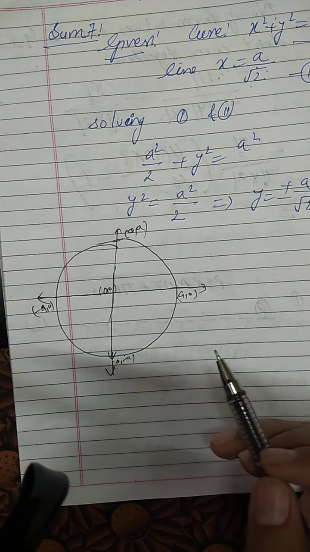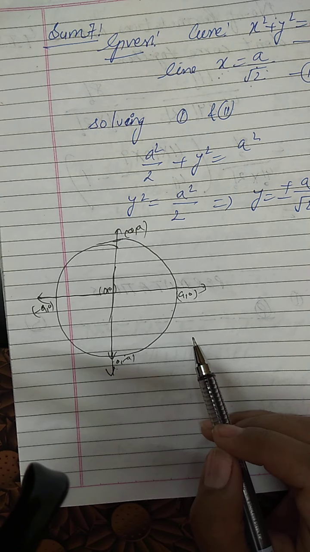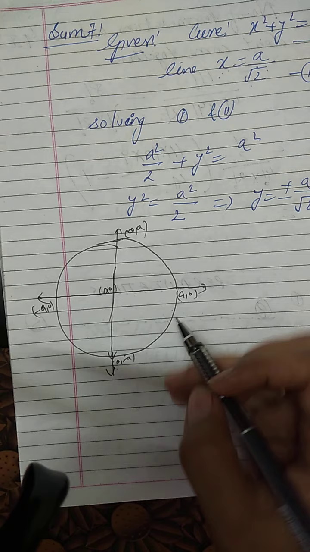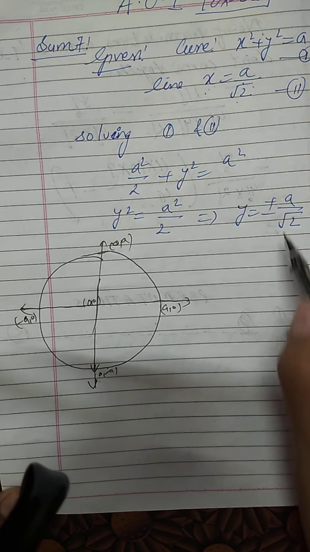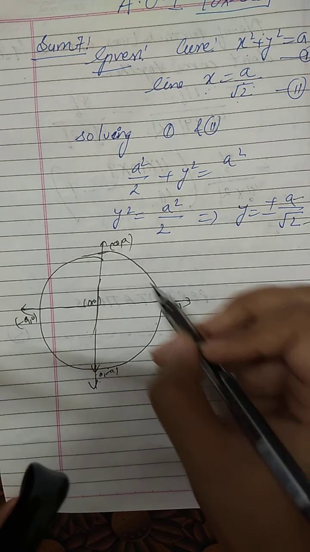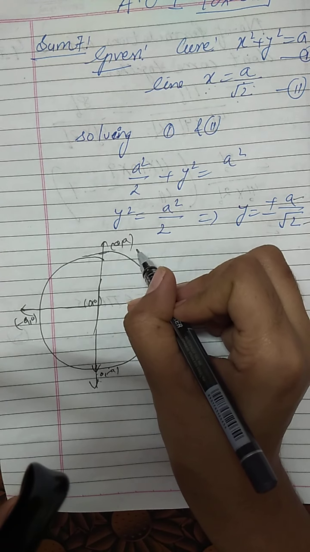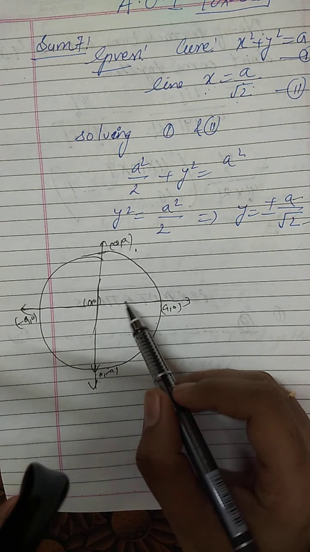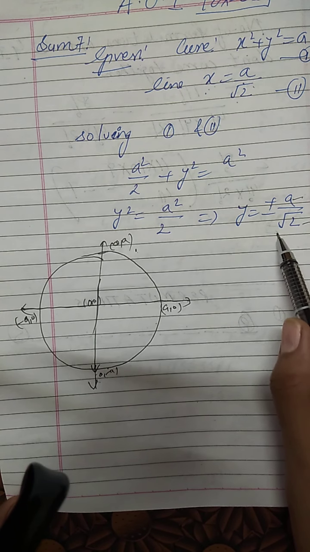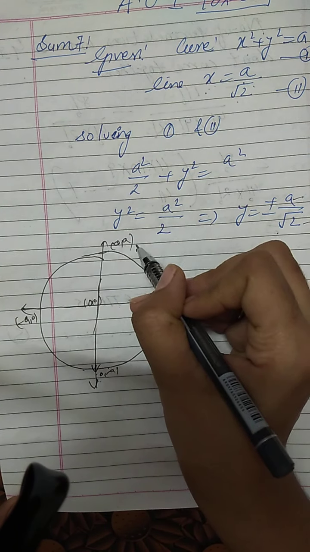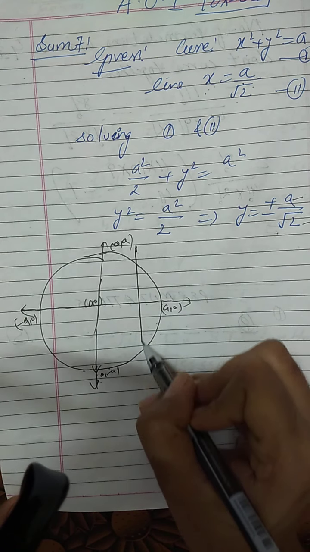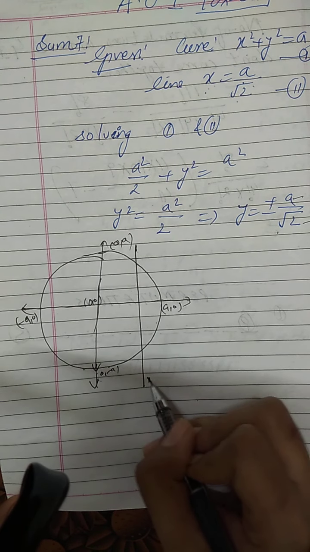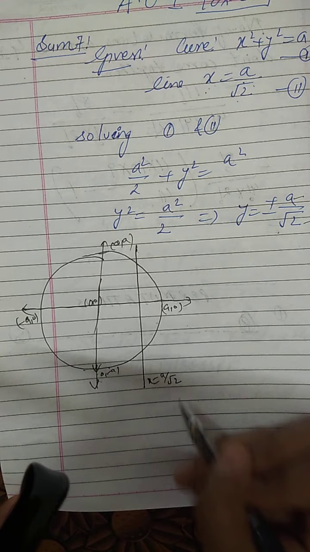And a by 2 will be exactly half, and a by root 2 will be slightly more than half. Plus we have calculated the points of intersection also. The line is cutting the circle on the positive and on the negative side of the y axis also. So the line will be here. This will be our line x equals a by root 2.